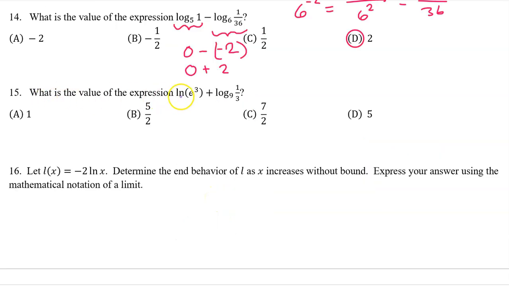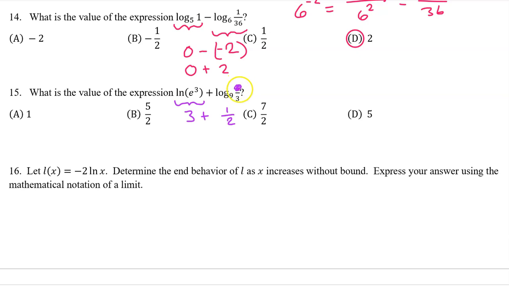Number 15. Natural log and base e cancel each other out. So this term is just 3. Now, what power will turn 9 into 1/3? Well, the square root of 9 is 3. That's 9 to the 1/2 power.